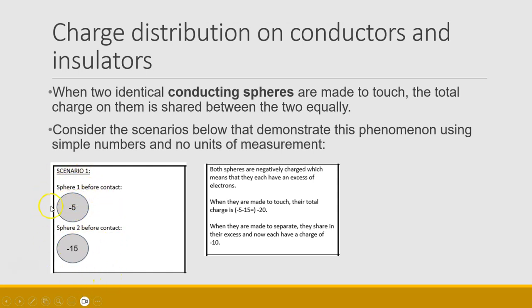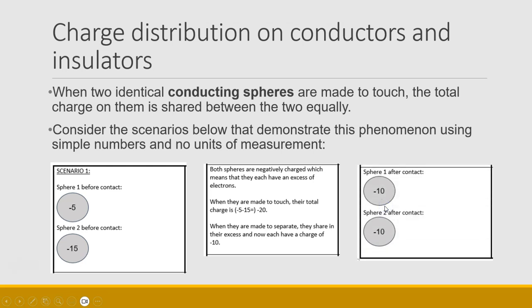Now, the system as a whole has a total charge of -20 because -5 minus 15 equals -20. So when these two spheres are made to touch and then they separate, this -20 gets divided equally between the two spheres so that each sphere now has a charge of -10.